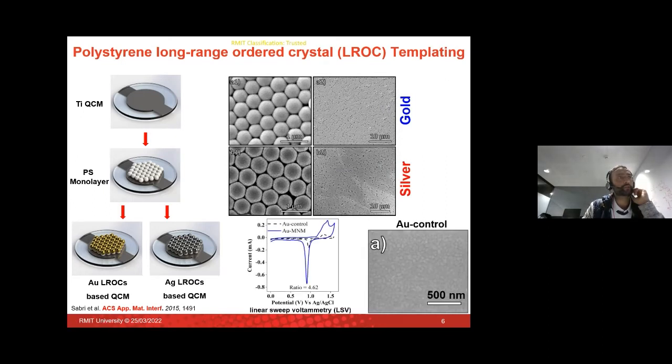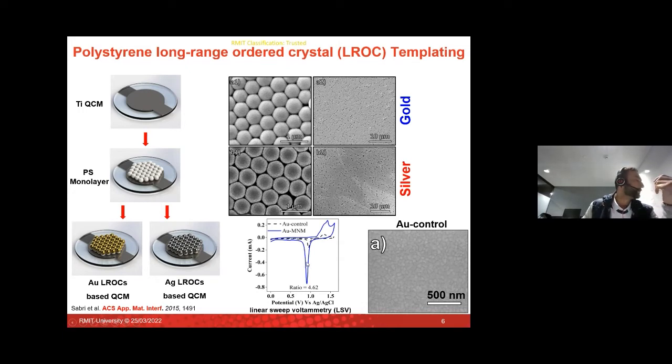Now, what we did with this is we can compare this with a gold control, a thin film, which is in the bottom right corner of the screen, which you can see. So that's what the structure looks like if it's a thin film, but on the colloidal surfaces, it looks a little different. And we've gone and looked at the properties of this, such as the surface area, how much that's increased.